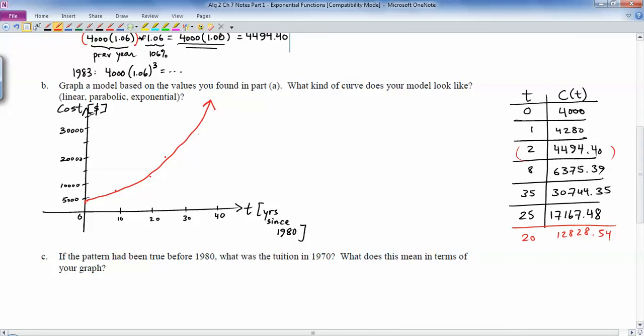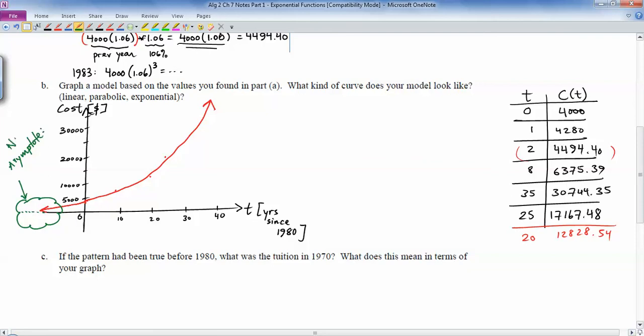Okay? And if you think about it, if you go backwards in time, and it was still increasing by 6% a year, you're never going to have tuition be negative. So it just means that the tuition backwards in time was closer and closer to $0. So one thing I want you to note here, when you approach 0 way out there at the line y equals 0, remember that thing's called an asymptote.